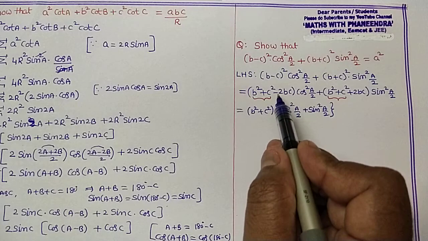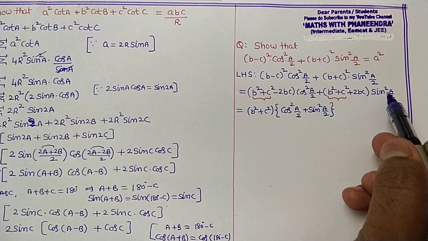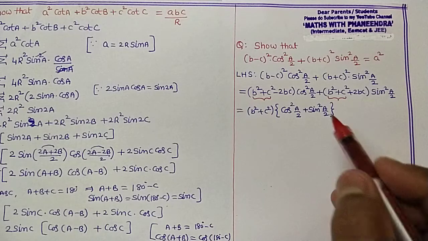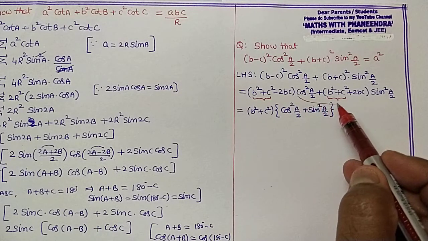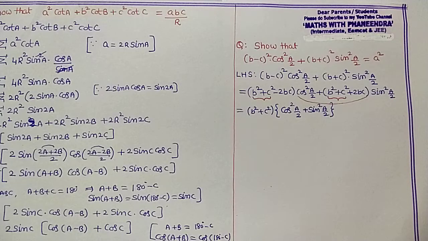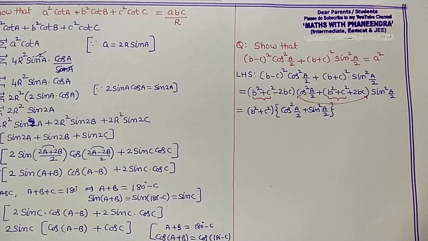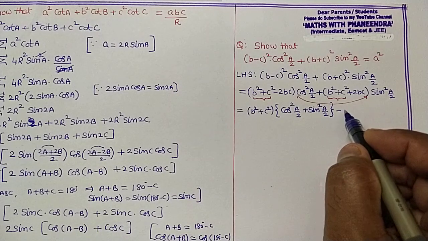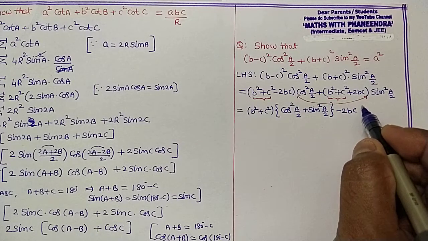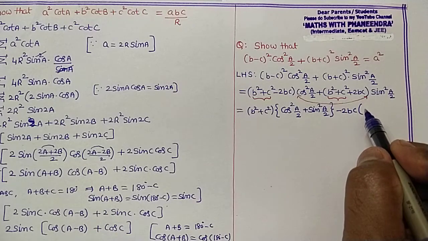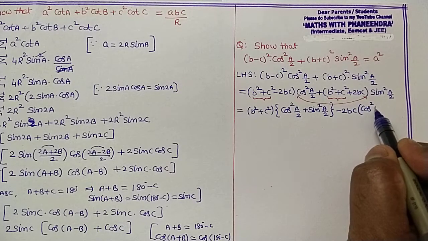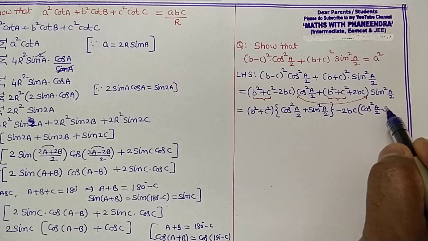If you take out common minus 2bc from these two terms, I am giving an arrow mark here, easy to understand. So now, minus 2bc if you take out common, you will get cos square A by 2 minus sin square A by 2.